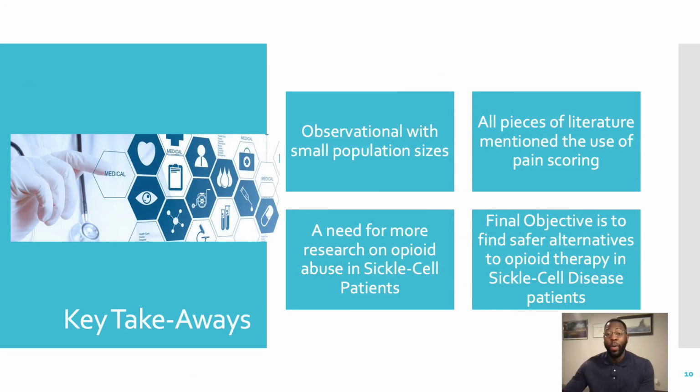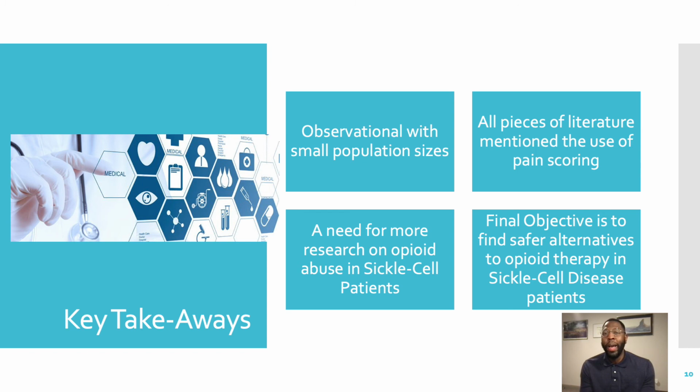The key takeaways from my targeted literature review are that most of the trials that I found were observational with very small population sizes. That might be due to the fact that this is a rare disease. All pieces of the literature mentioned the use of pain scoring, which I'm glad I'm touching on now. Sickle cell disease patients, when they go to the ER, give a pain score, which is very subjective.